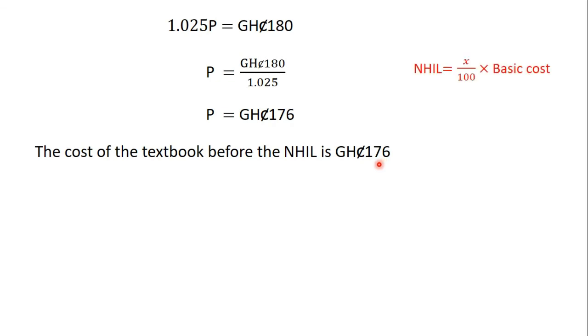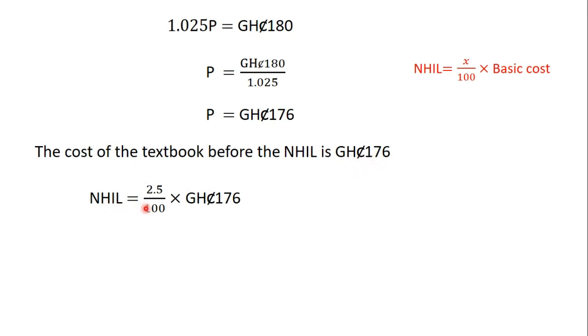The second part of the question says that we should find the NHIL component, that is the NHIL itself. We know that if the NHIL rate is X, then NHIL is equal to X divided by 100 times the basic cost, or the cost of the item before NHIL. Here, we have found the cost of the item before NHIL as 176 Ghana cedis.